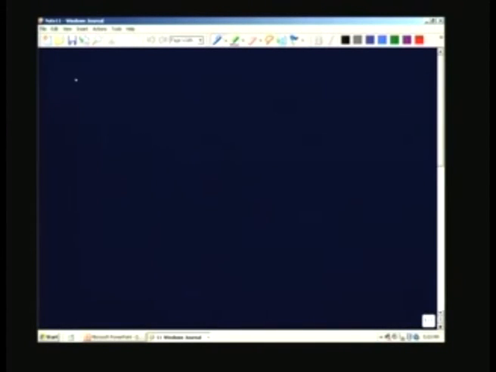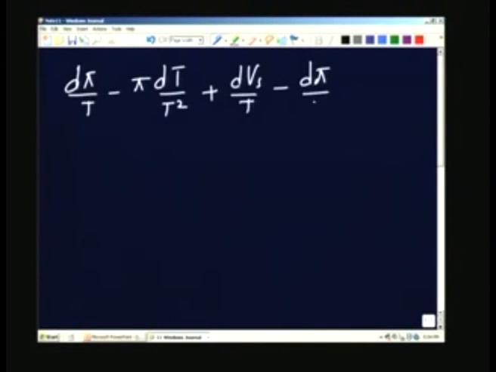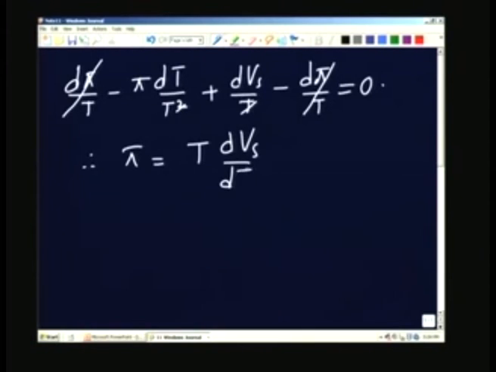I should get d pi by T minus pi dT by T squared, this is what we just now had, plus dVs by dT minus d pi by T equal to 0, and therefore, these two will cancel off, and the 1 over T will cancel off with this T, and you see that therefore, pi is equal to T dVs by dT, nothing but T times alpha.